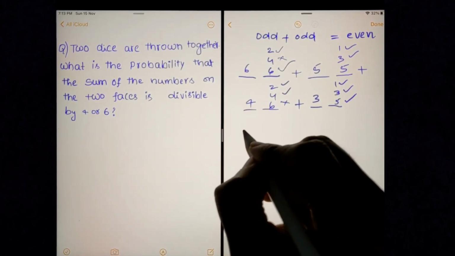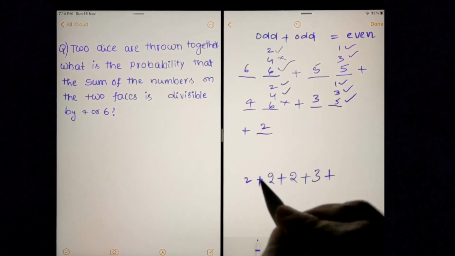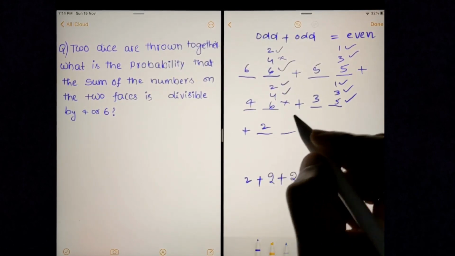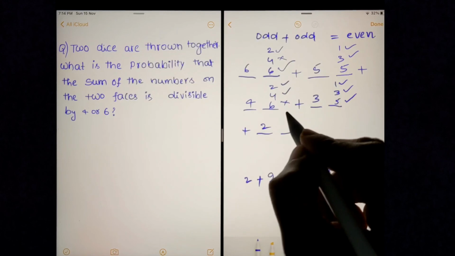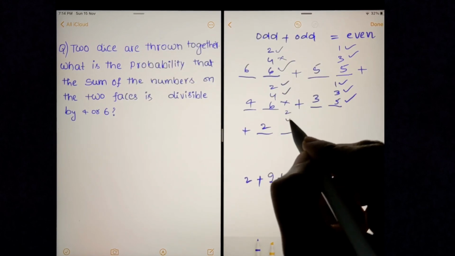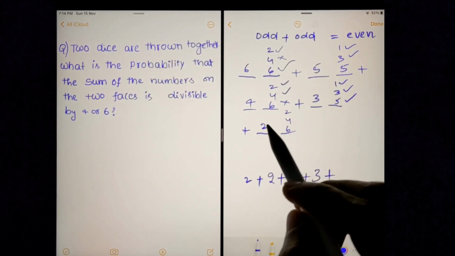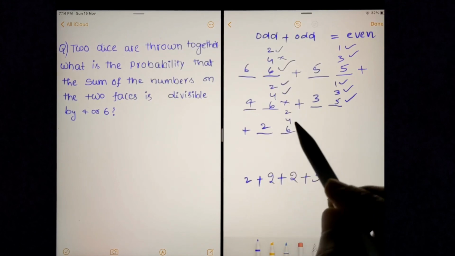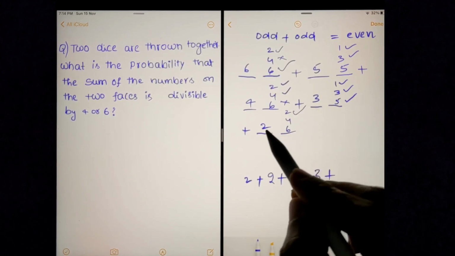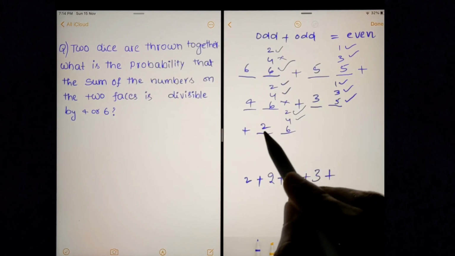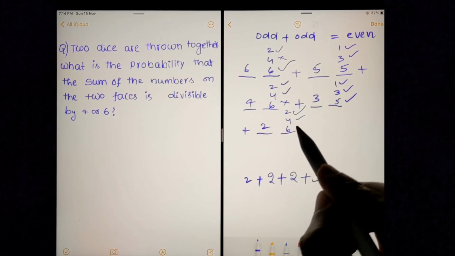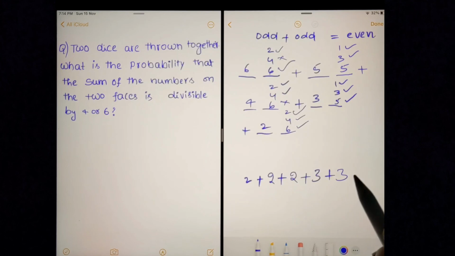And next, if the first number is 2, then because it's an even number, the second number cannot be odd, and we will take only even numbers 2, 4, 6. And 2 plus 2, 4, it is satisfying. And 2 plus 4, 6, this is also satisfying. And 2 plus 6, 8, this is also satisfying.